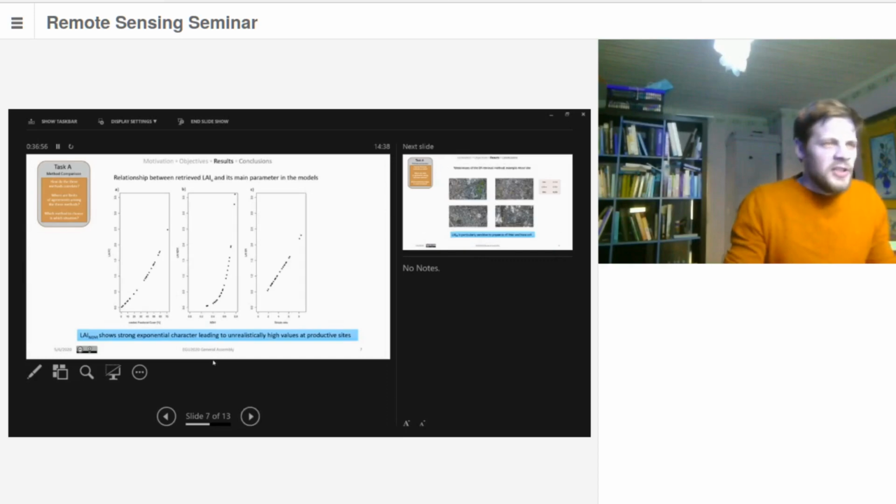So, what is interesting to see is when you show the derived leaf area index as a function of the main parameter of each of the models.